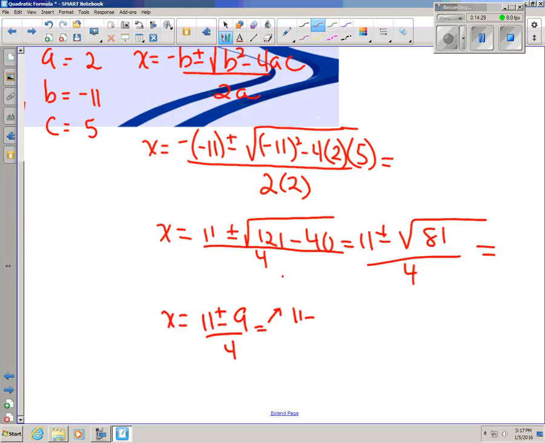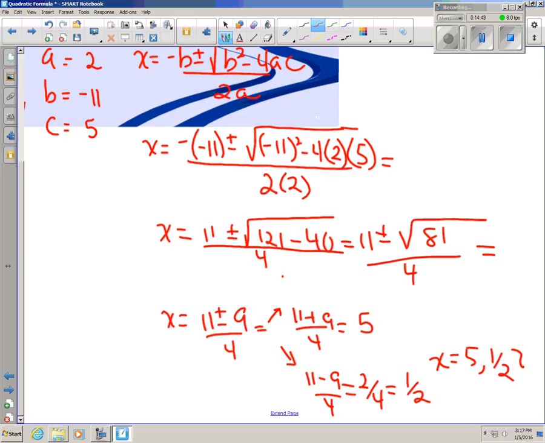So we have 11 plus 9 divided by 4, and we also have 11 minus 9 divided by 4. So this gives me 5, and this gives me 2/4, which reduces to 1/2. So my values for x are 5 and 1/2.